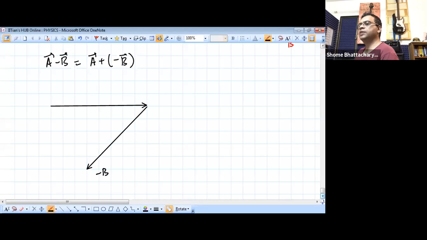So the angle between the vectors A and B in the original case was theta. If that angle was theta, what is the angle between these two vectors now? It is 180 minus theta. Okay. So the summation of these two vectors, which is this one here, will come by adding two vectors whose magnitudes are A and B, but the angle between them is 180 minus theta.